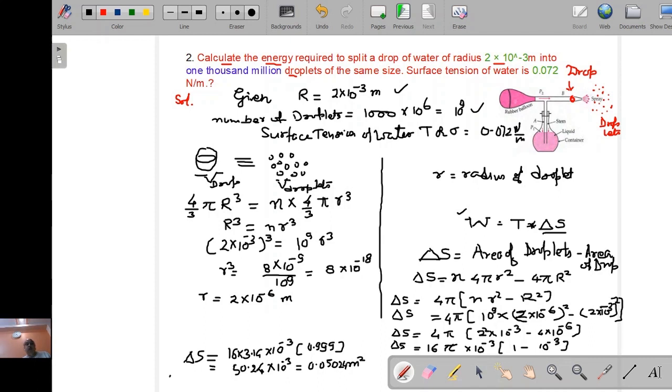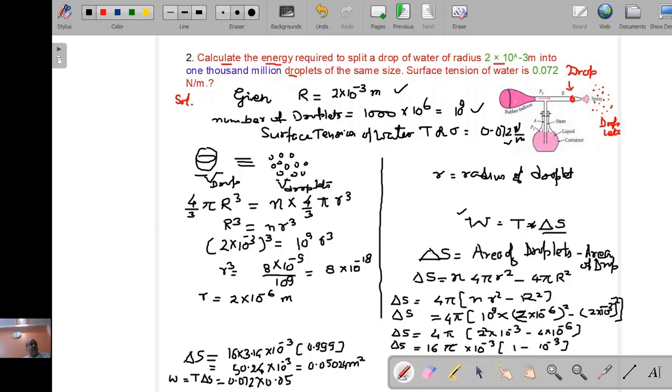So W will come out T into delta S. T is 0.072 into 0.05.